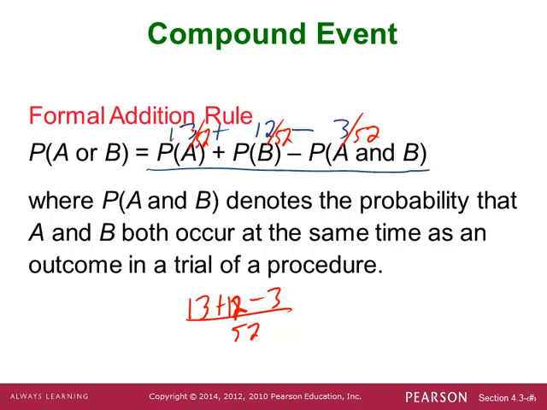So you can calculate the individual probabilities: probability of getting a heart plus the probability of getting a face card minus the probability of getting a face card heart. Or I can count the number of ways of getting either a face card or a heart and then divide by 52.